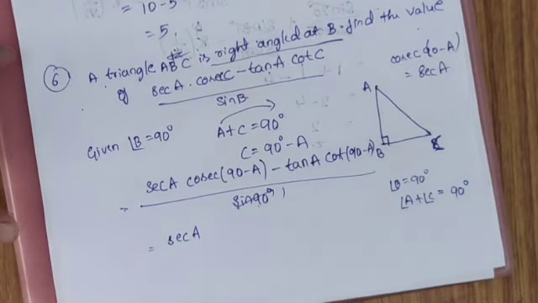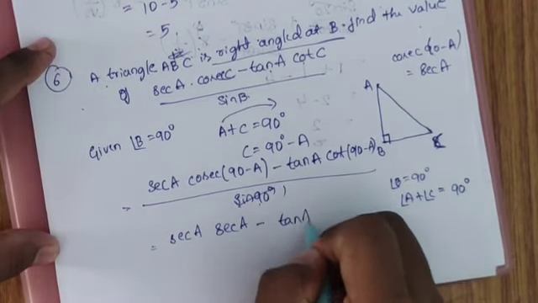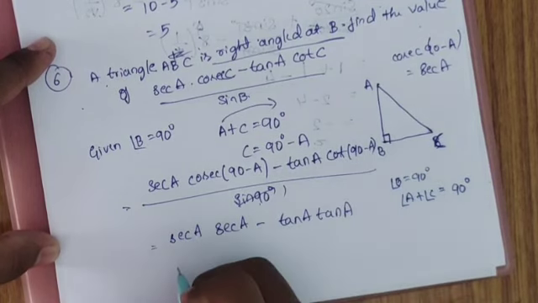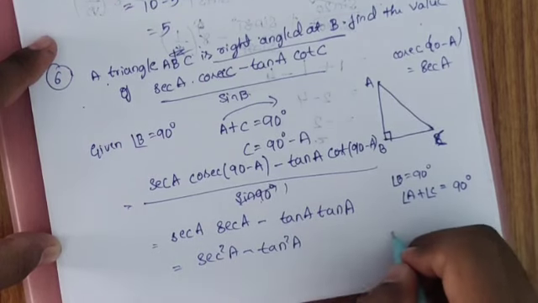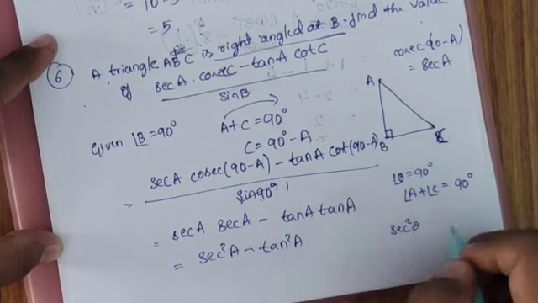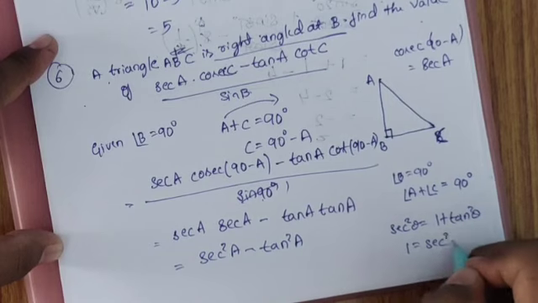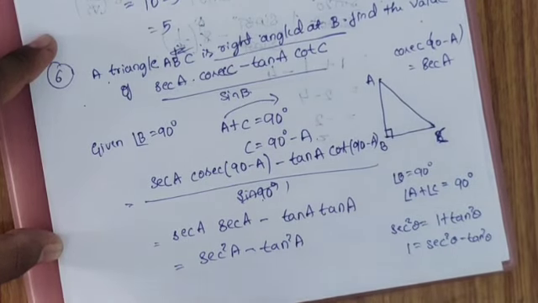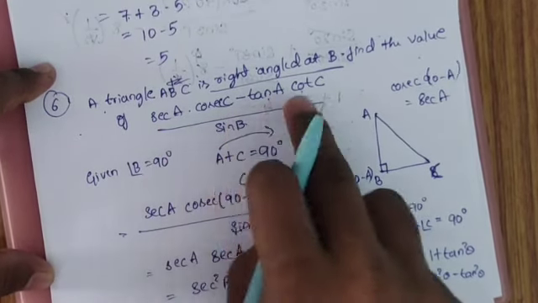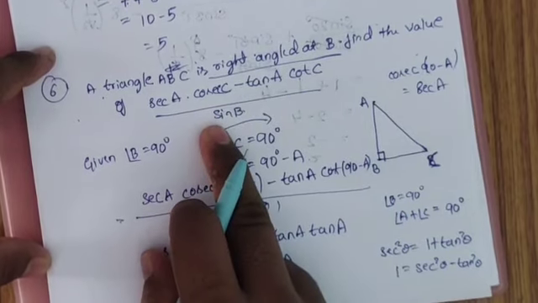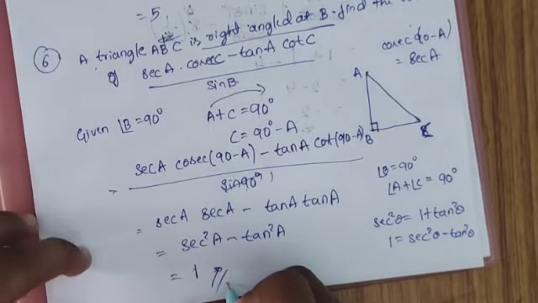So here secant A into secant A minus tan A into tan A. So this becomes secant square A minus tan square A. By identity, secant square theta is equal to 1 plus tan square theta. Here 1 is equal to secant square theta minus tan square theta. So this becomes 1. So if the triangle is a right angle triangle, then the value of that expression becomes 1.